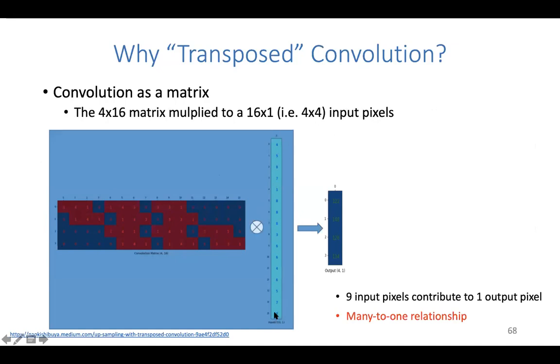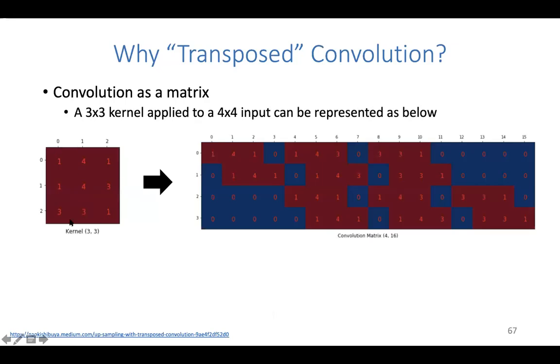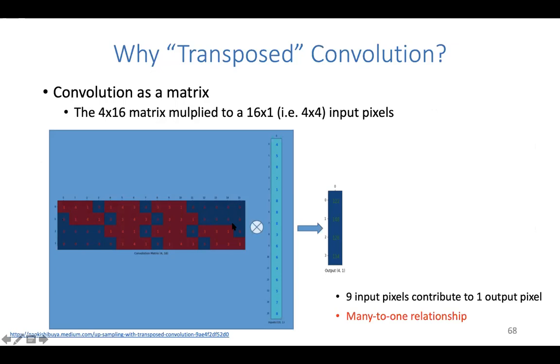So instead of actually sliding this along your 2D image, you can convert it into a 4x16 matrix and do a matrix multiplication with the flattened image, and you get the output. This output is 4x1, and you need to rearrange it to 2x2 to get the 2x2 output.